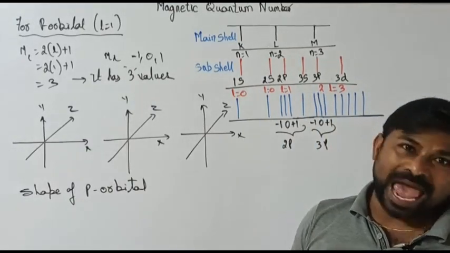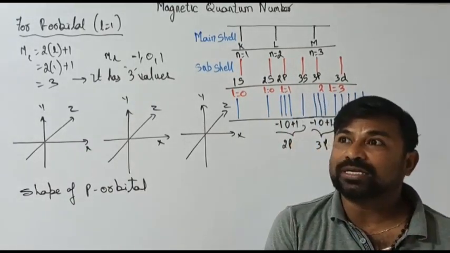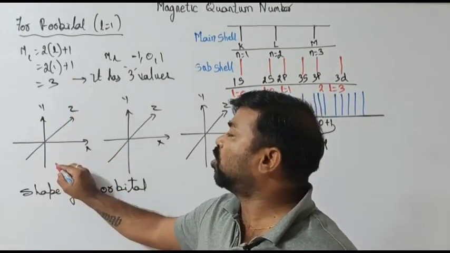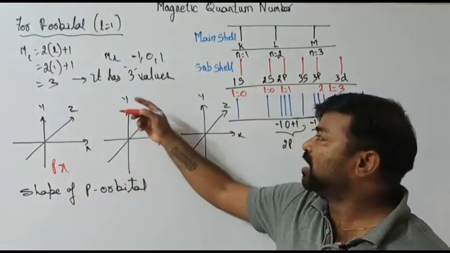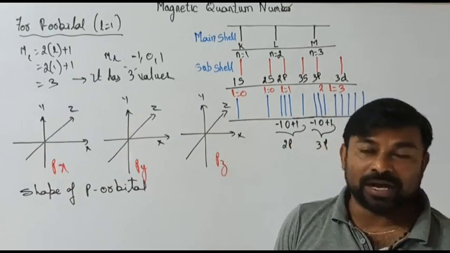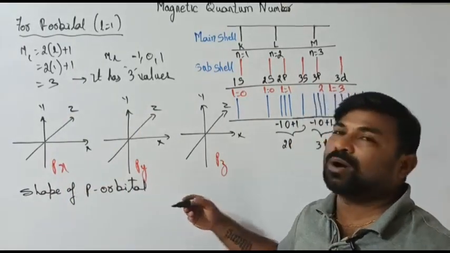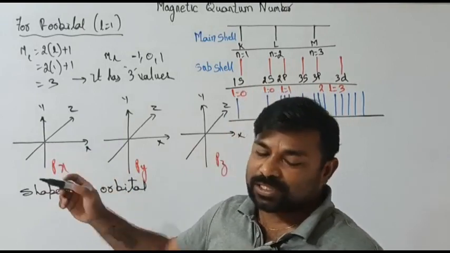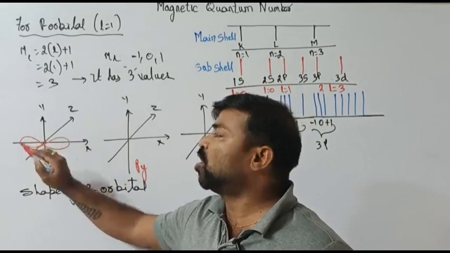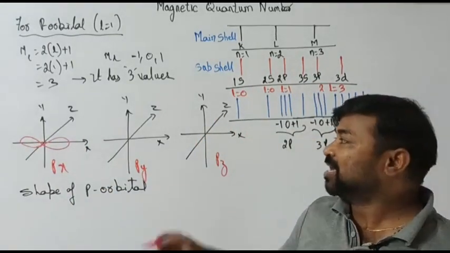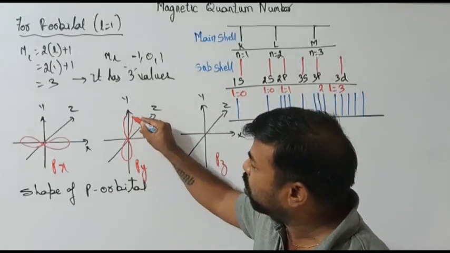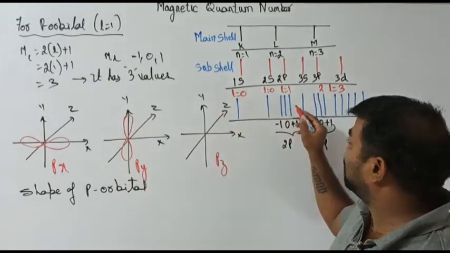Now, what about the shape of the P orbital? As we have already discussed, it is oriented along 3 different axes. The first P orbital we call Px, the next one Py, and the other one Pz. Why do we call them Px, Py and Pz? Because the maximum probability of finding the electron is along the x-axis for the first one, along the y-axis for the second one, and along the z-axis for the third one.